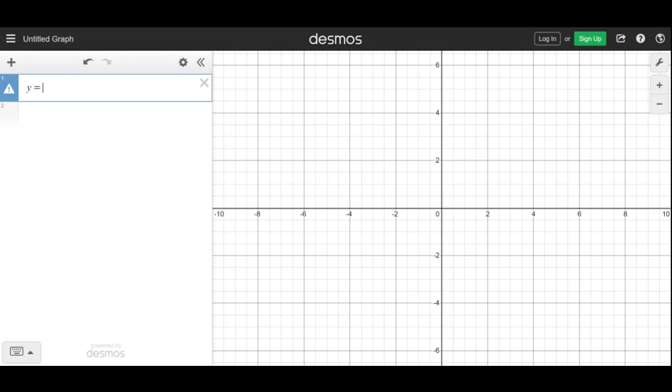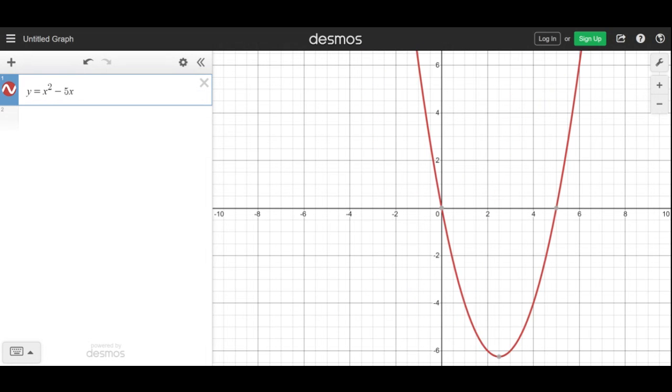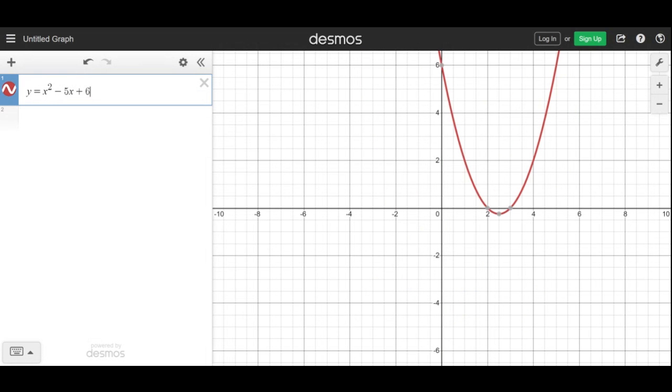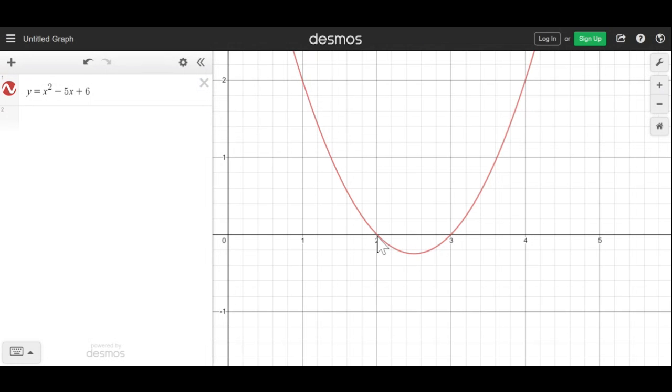F of x, that would be our y, and our equation was x squared minus 5x plus 6. And if you're going to look at our x-intercepts here, that would be at 2 comma 0, and the other one is at 3 comma 0.